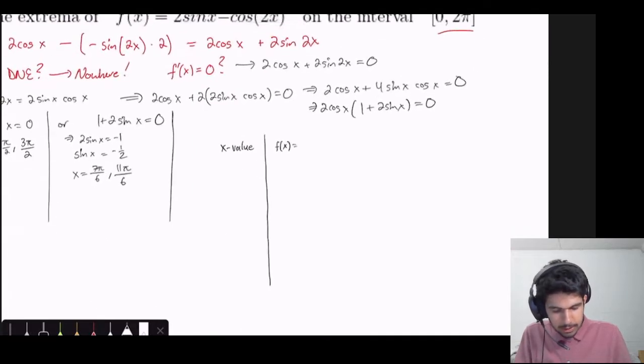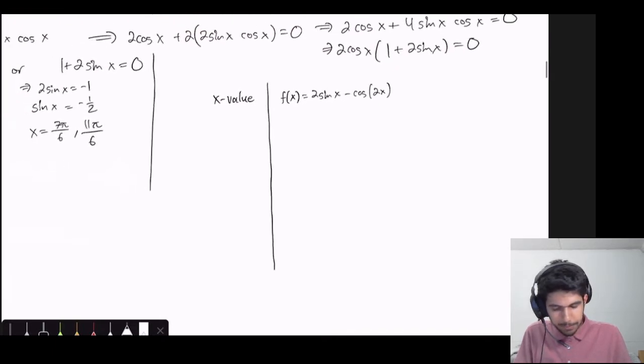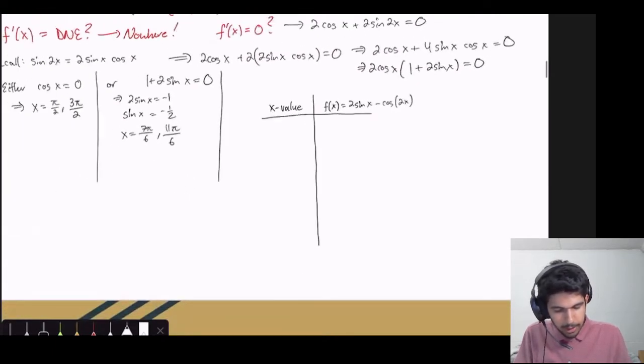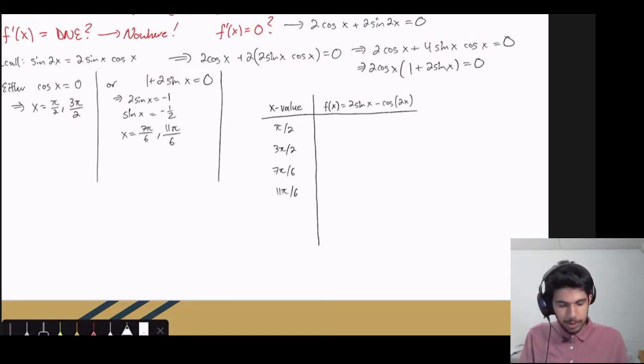So this is 2 sine x minus cosine of 2x. Let me list the critical values: pi over 2, 3 pi over 2, 7 pi over 6, 11 pi over 6. And lastly, we have to account for our endpoints, which are 0 and 2 pi.